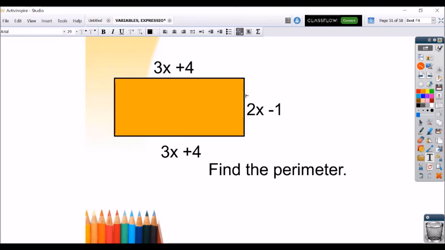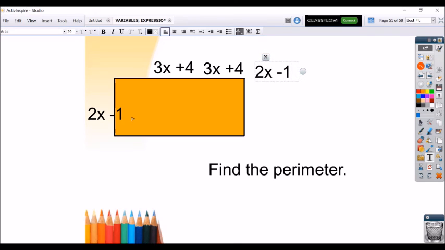And this side over here, if the right side is 2x minus 1, this right here is also 2x minus 1. So to find the perimeter of this, we just are going to add up all of these expressions to see what we get.